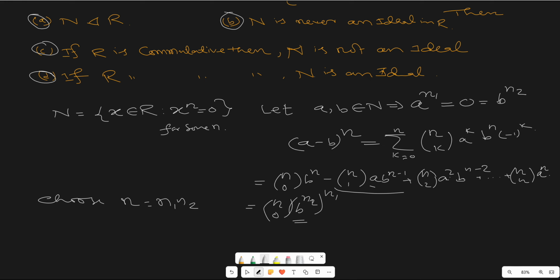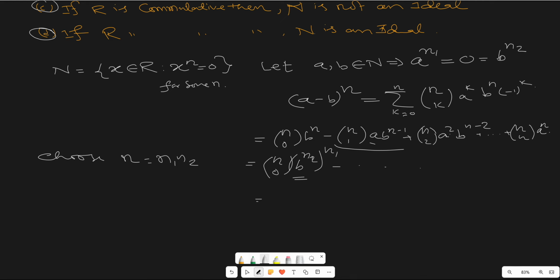The coefficients are fixed, so I am not worrying about the coefficients. I just want to see whether b to the power n minus a b to the power n minus 1 plus a squared b to the power n minus 2 plus dot dot dot plus a to the power n is going to be 0 or not, because the coefficients are anyway non-zero. I have to show this is 0.